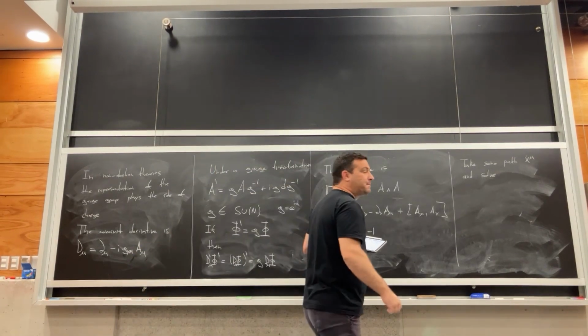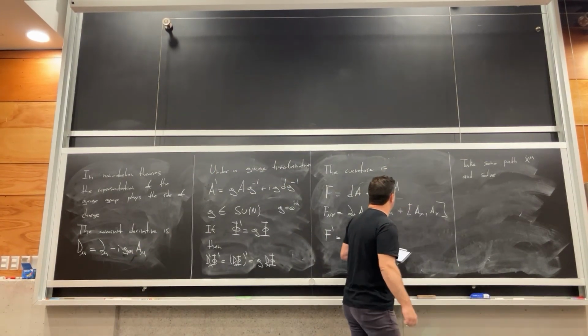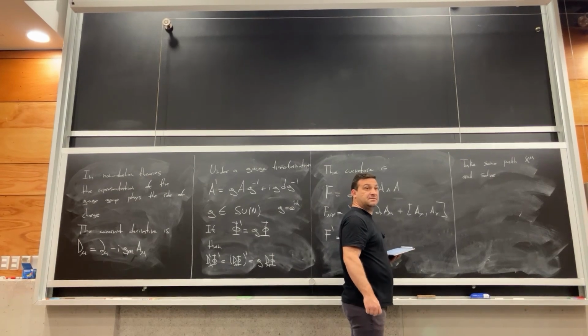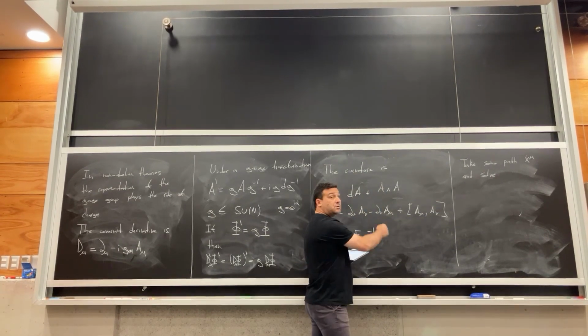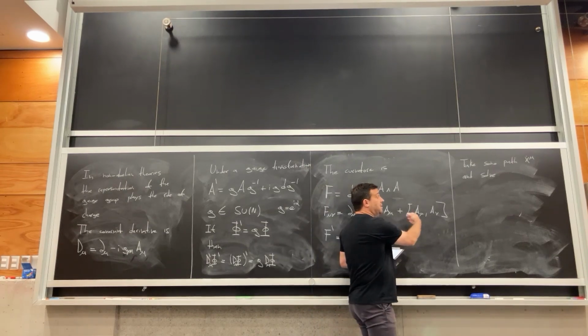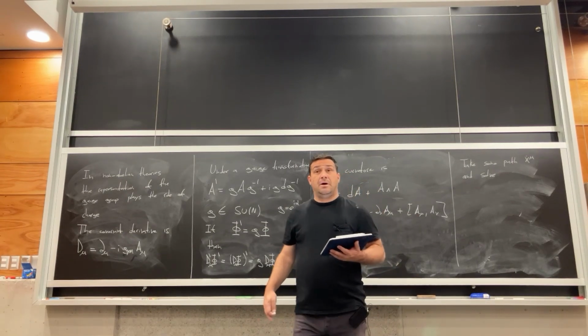Sorry. The commutator appears now because we're working in SU(N) rather than U(1). So if this is abelian, this is 0, and you get the usual thing. But in the non-abelian case, you get a commutator, right?